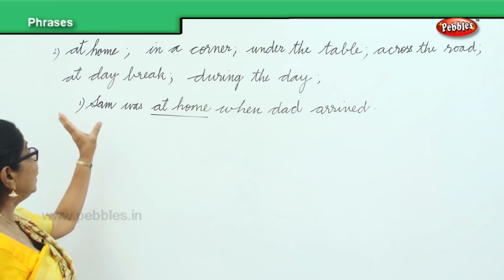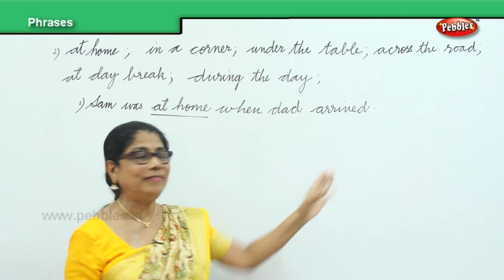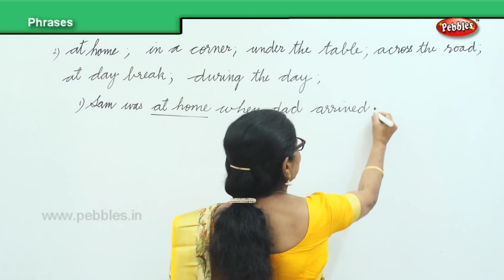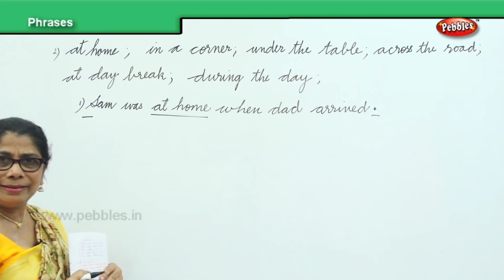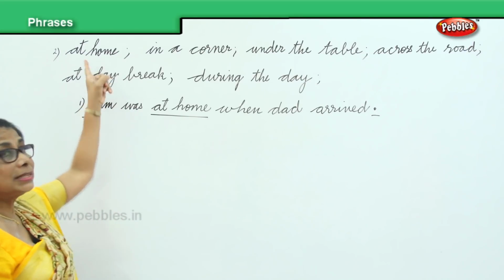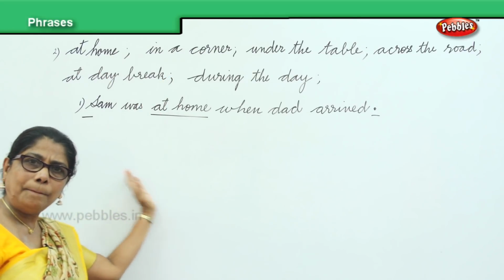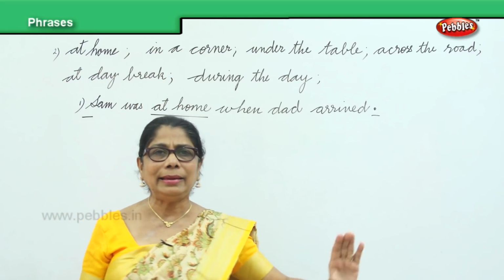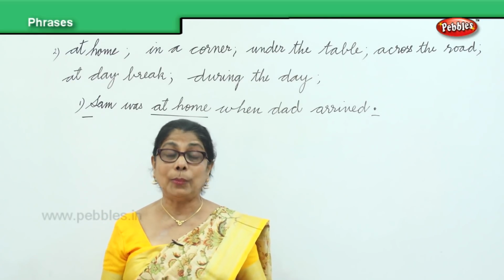Who was at home? Sam was at home when Dad arrived. We ended that with a full stop. We started with a capital letter, and we turned this group of words into a complete sense by creating a complete sentence. You understood now?